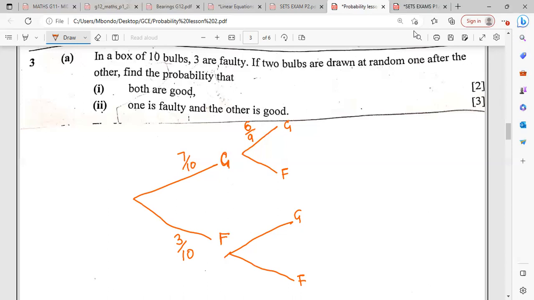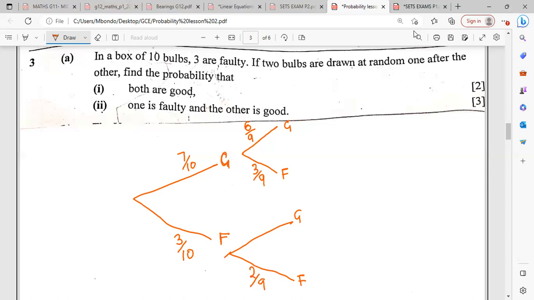Then, if the first one was a good bulb and the second one was a 40 bulb, the 40 bulbs are still intact, but the total number in the box has reduced. We redo the same process on the other side, which brings this to 2 over 9.